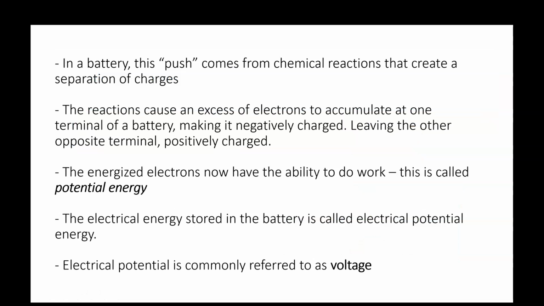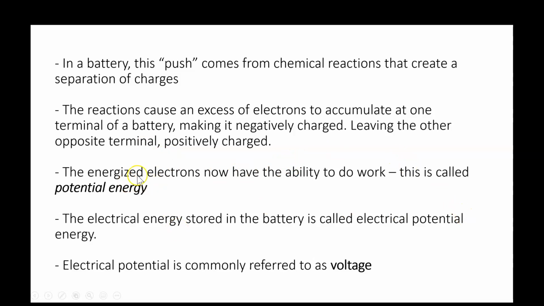In a battery, this push comes from chemical reactions that create a separation of charges. The reactions cause an excess of electrons to accumulate at one terminal of the battery, making it negatively charged, and leaving the opposite terminal positively charged.